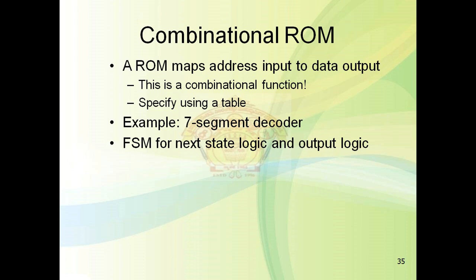Here the ROM content is in tabular form, row wise, and each address has one entry. This entry is such as a table, and that table is nothing but a truth table.